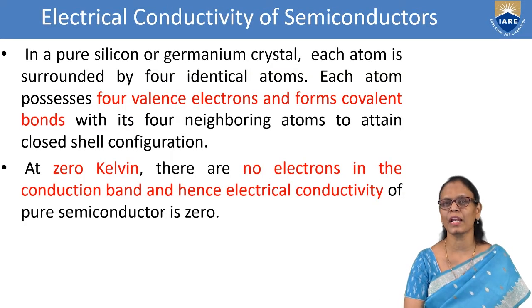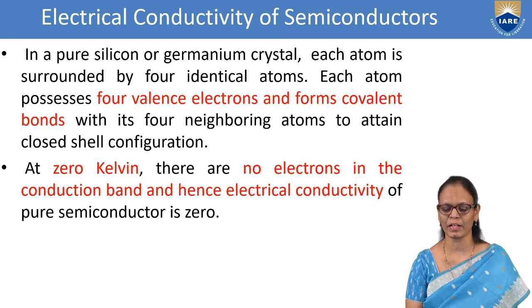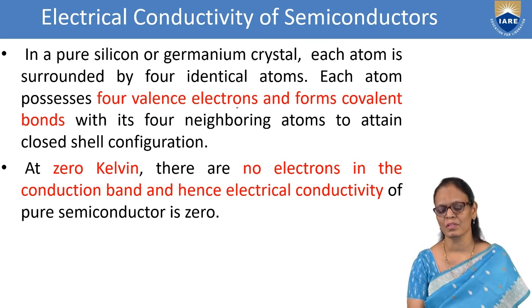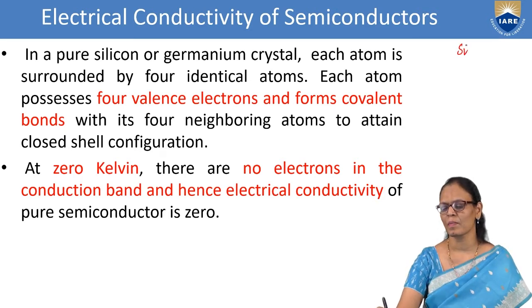So now if you take a pure silicon or germanium crystal, which we are saying is an intrinsic semiconductor, each atom is surrounded by 4 identical atoms. Each atom possesses 4 valence electrons. So why 4 valence electrons? If you see silicon, it has 14 electrons.